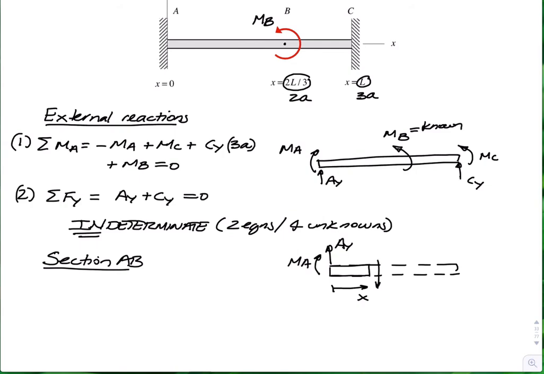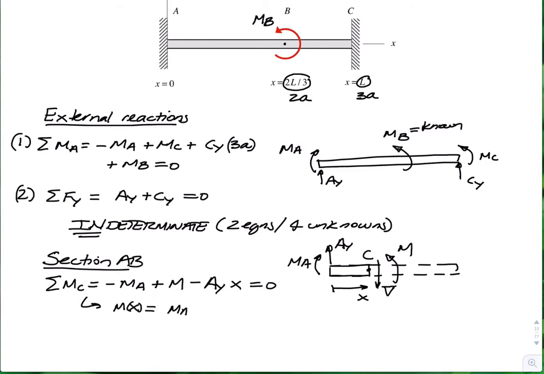We have shear force V and bending moment M, and I'm going to call that point C. If I sum my moments about C, I have a minus MA, that's from the wall. I have the bending moment M, which is what I'm trying to find. I have AY, which has a moment arm of X, and it's going to be in the negative Z. Setting that equal to 0 for equilibrium says that the bending moment in section AB is equal to MA plus AYX.